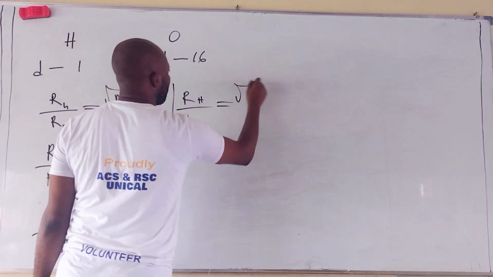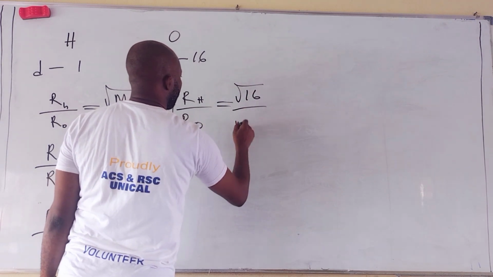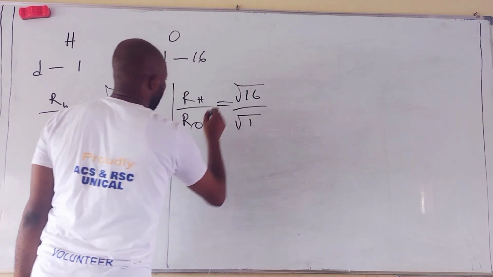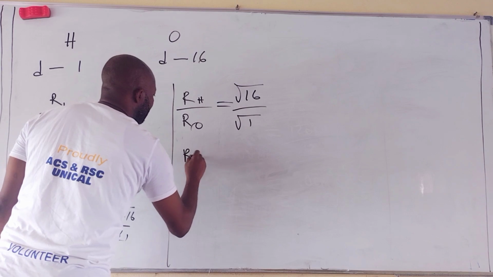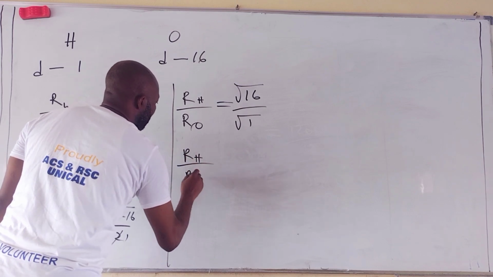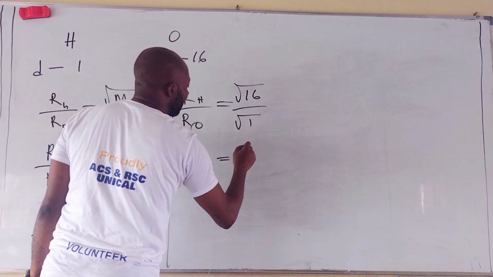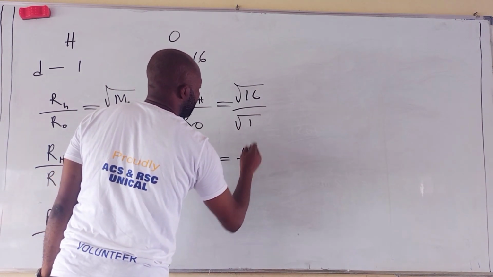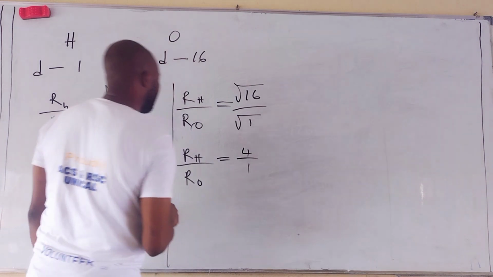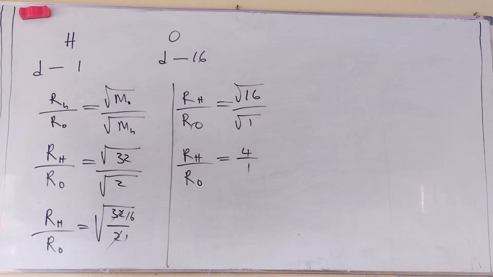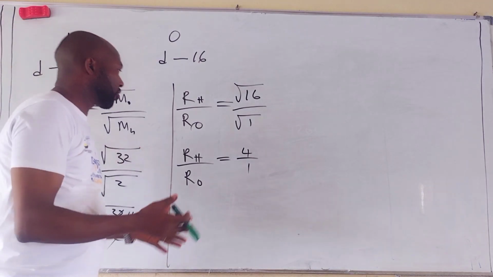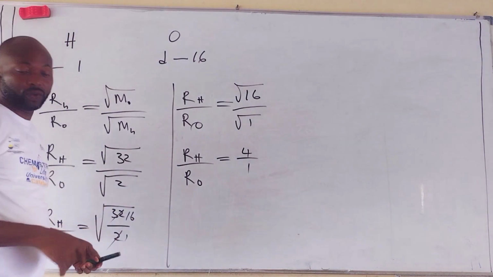So this becomes the root of 16 over the root of 1. Now, the rate of hydrogen over the rate of oxygen is equal to 16. The root of 16 is 4, and this one is 1. So the rate here is 4:1.